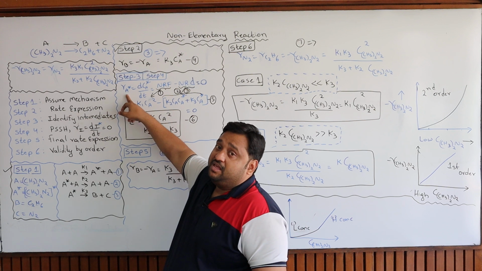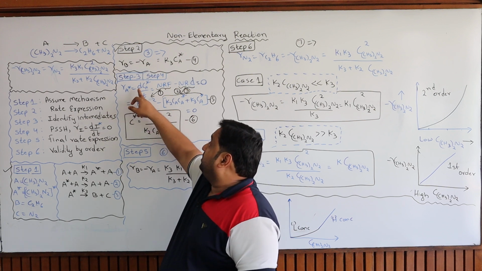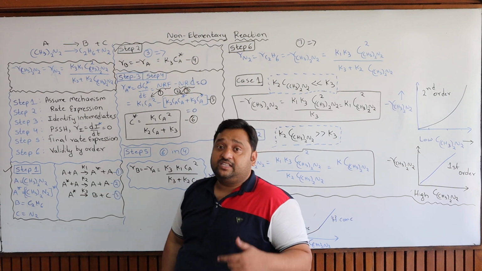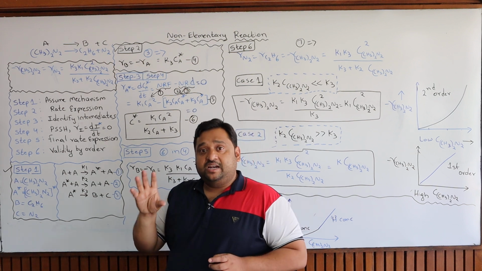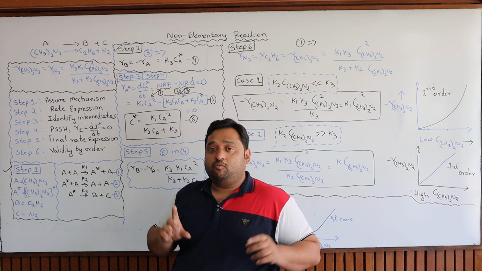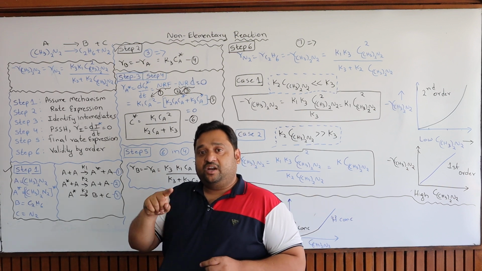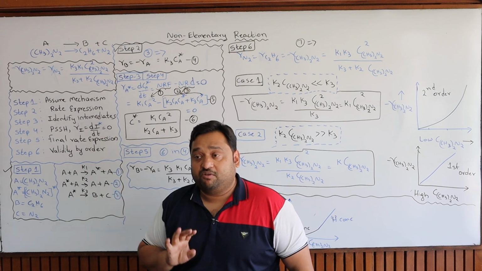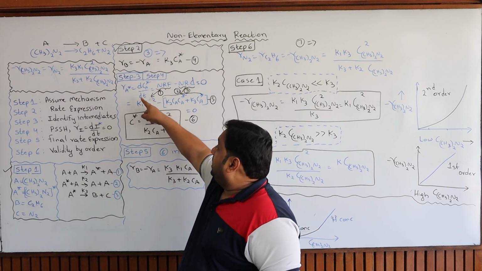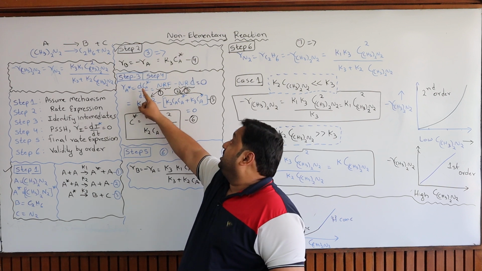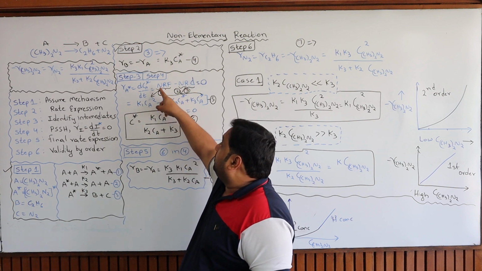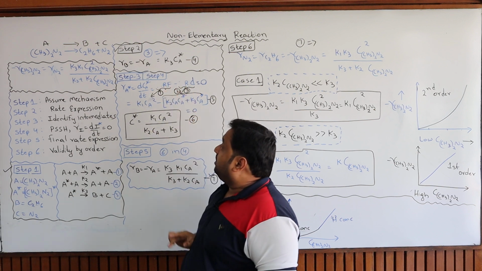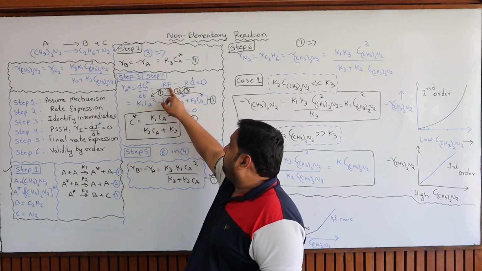The rate of A star, the activated azo-methane molecule, is nothing but dCA star by dt. As I told you, in the pseudo steady state hypothesis, the net rate of formation should be equal to 0. What is the net rate of formation? It is the rate of formation minus the rate of decomposition. What is the rate of formation?